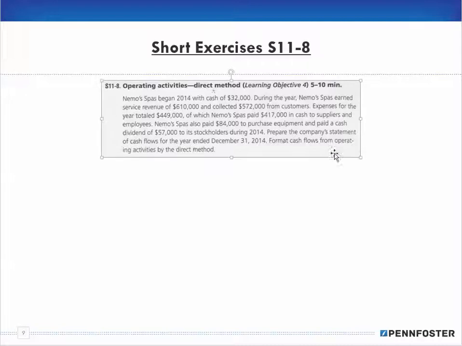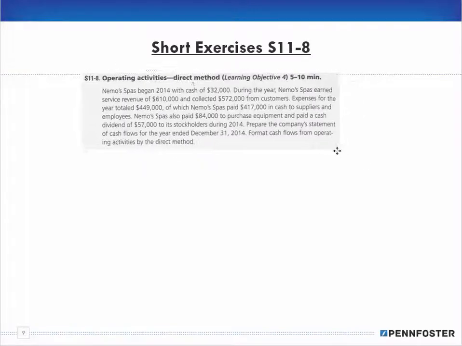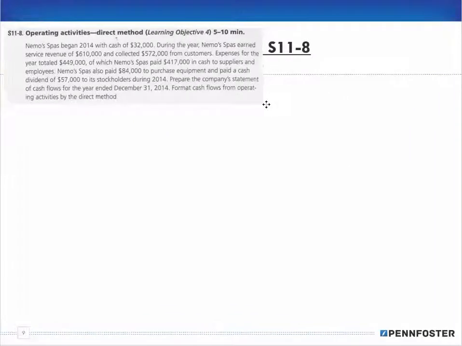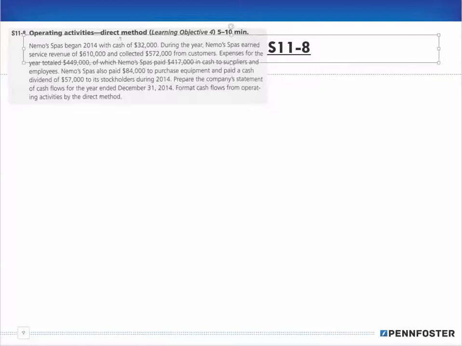All right. So with that said, I'm going to move this up here so that I can have a little bit more space. And again, if you watched the previous video and saw me work 11-7, I explained I'm not going to create this as a formal typewritten Word document that I'm going to give to somebody else.